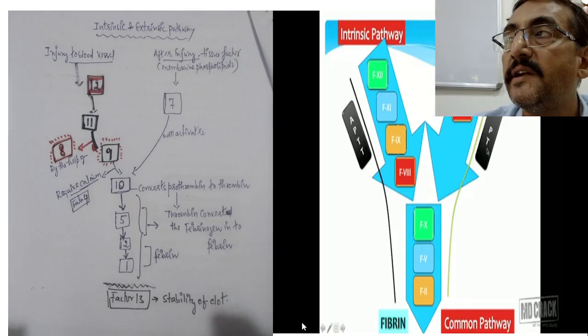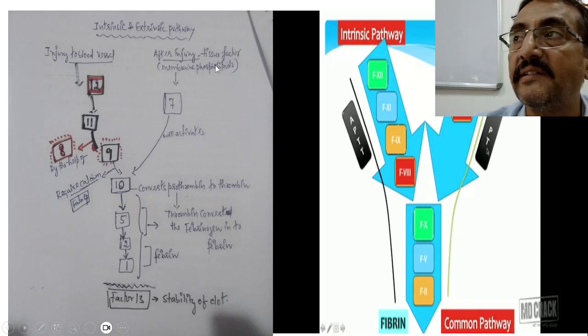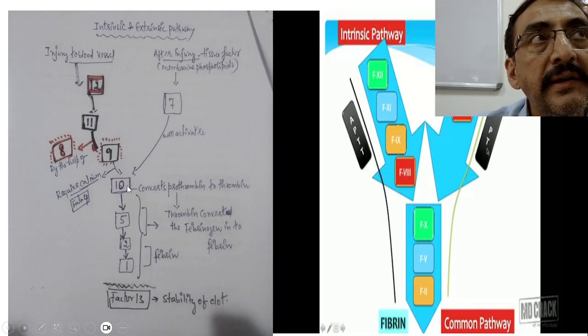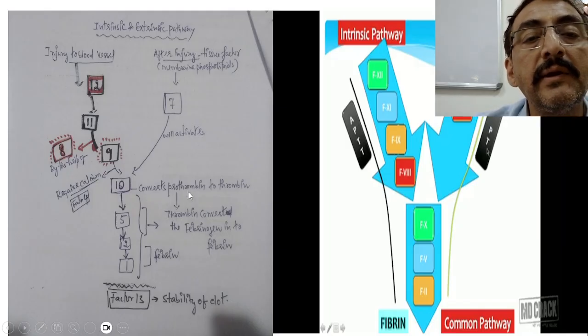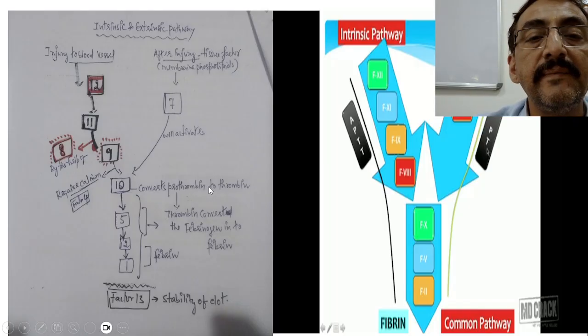See, in this picture, after the injury, this is the extrinsic pathway. Injury takes place, factor number 7 is activated, and it activates factor number 10. This factor number 10 now goes and converts prothrombin into thrombin. If normal prothrombin is present, that suggests the extrinsic pathway is right.